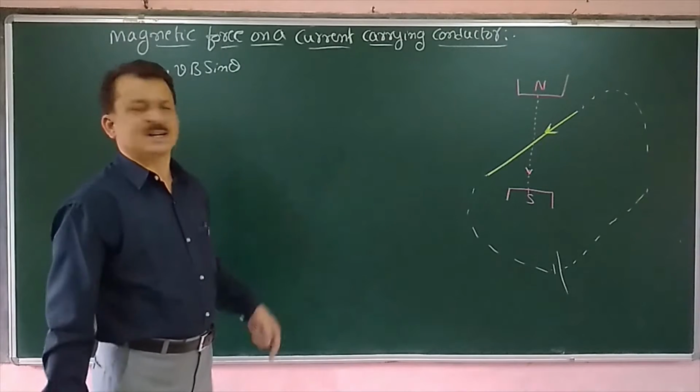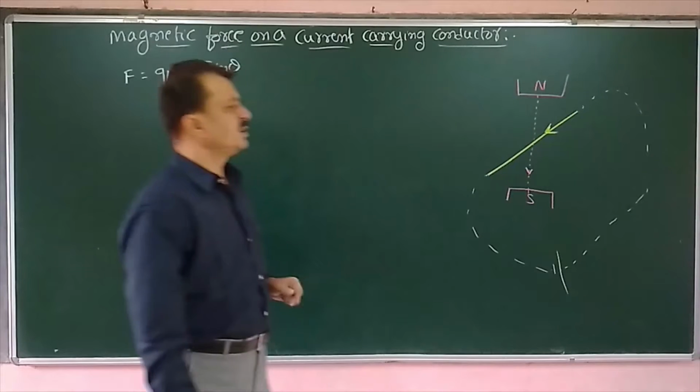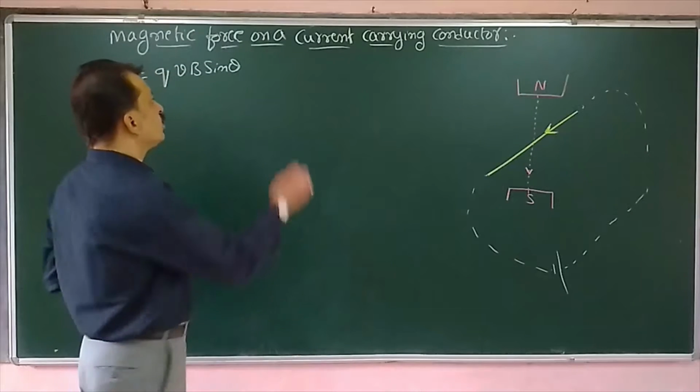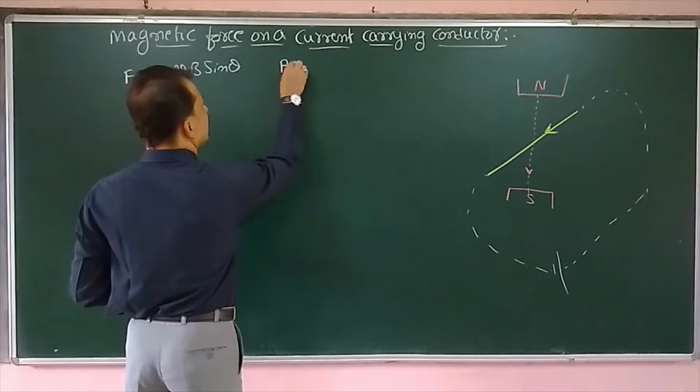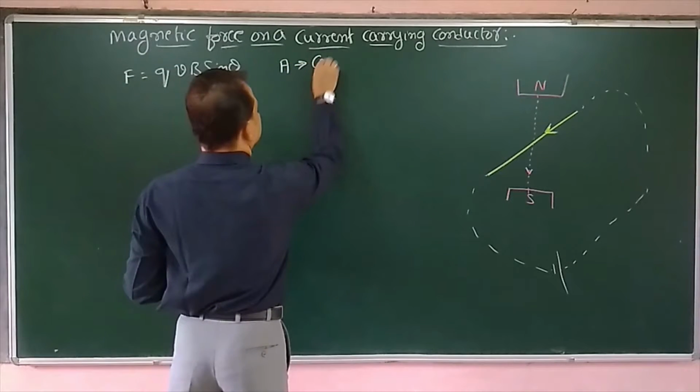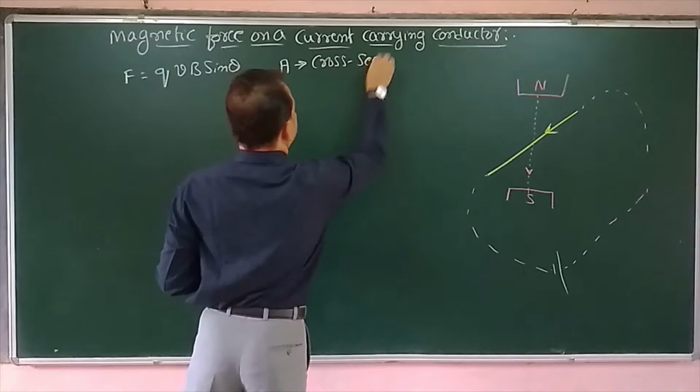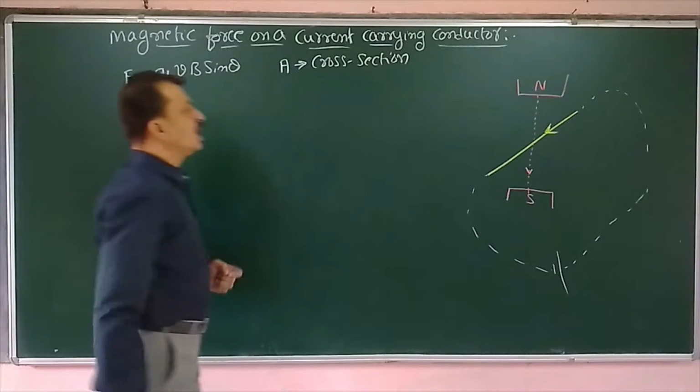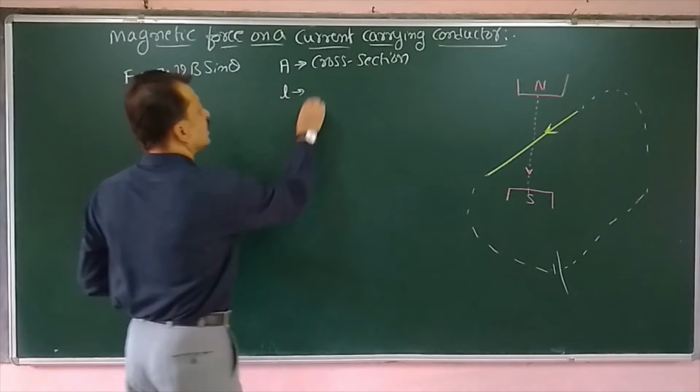Now consider a conductor in the form of a rod of uniform cross-sectional area. A is the cross-section, and L is the length of the conductor.